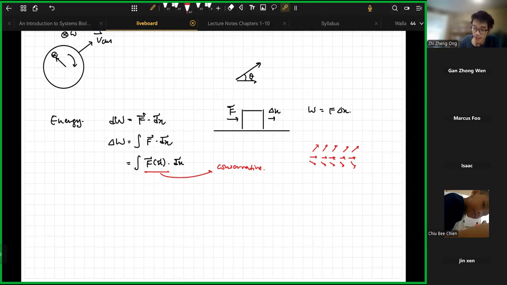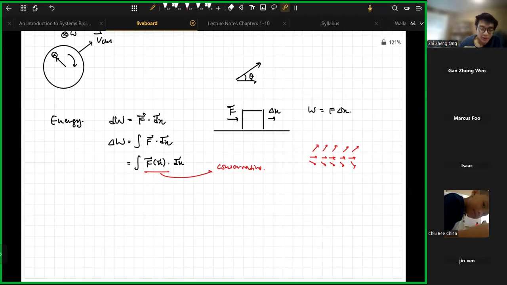It can depend on position, but not on the path. Suppose I start from here and make a circle and come back here. The force is still the same. Then yes, this force is a conservative force. There are some cases where that's not true, especially in electromagnetism, where there's EMF, but don't worry about it for now.